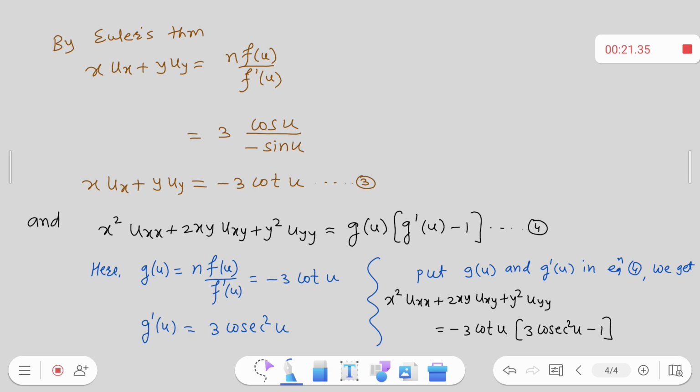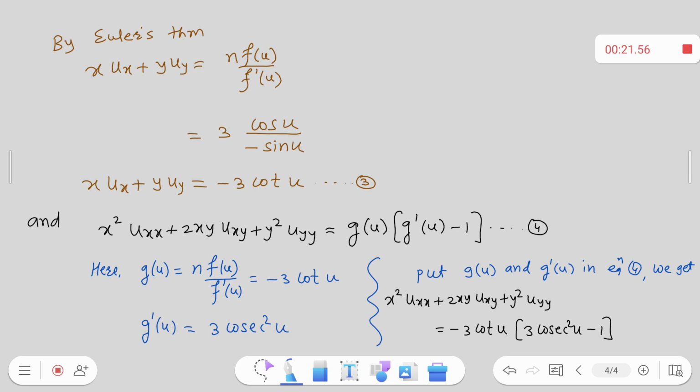Using Euler's theorem, we already have x ux plus y uy as n into function of u upon f dash of u. Here function of u is cos. So 3 into cos u upon derivative of cos, which is minus sine, and as we know cos upon sine is cot.